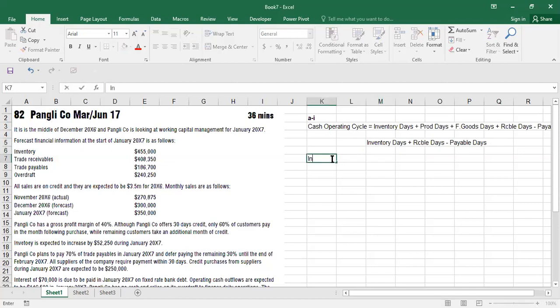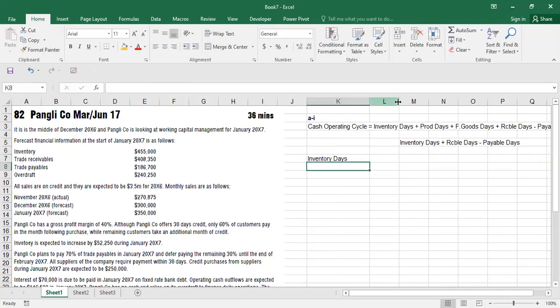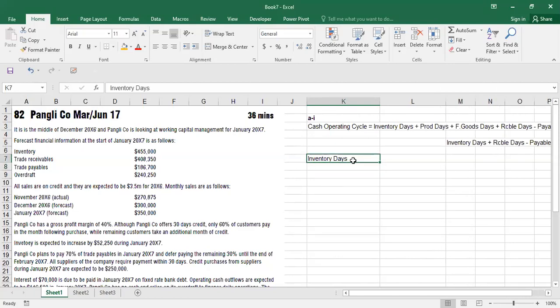So first we need to calculate our inventory days. And we know the formula for inventory days. The formula for inventory days will be how much is your inventory and then how much are your purchases, and you multiply it with 360. So first we need to find out how much is our inventory.